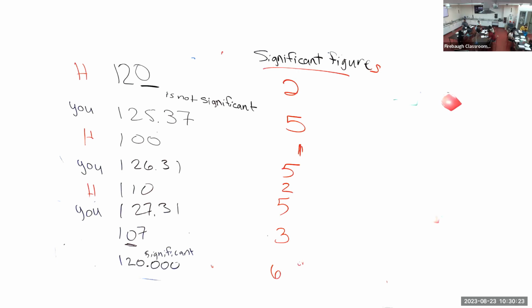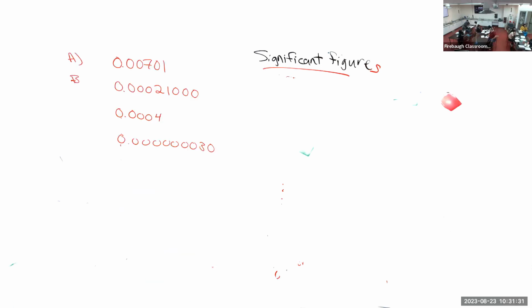So, in this case, you've got the numbers of significance. You guys understand that, right? So let's do a small number, where we have some leading zeros. For A, how many sig figs do we got? 3.